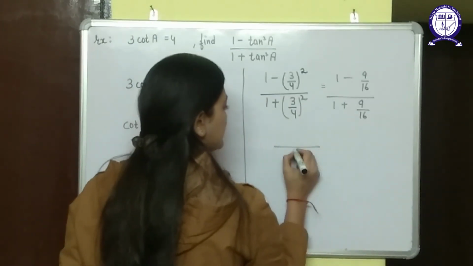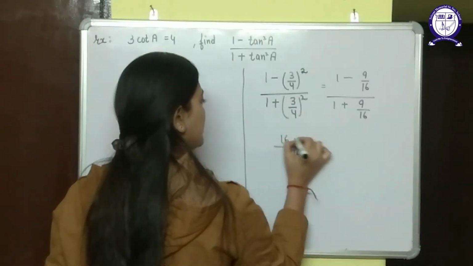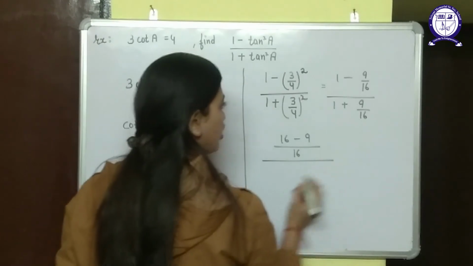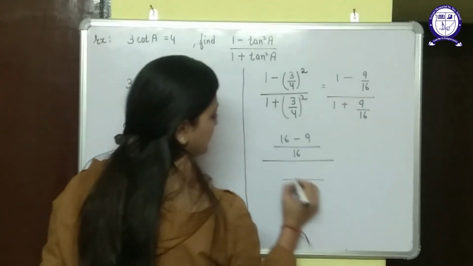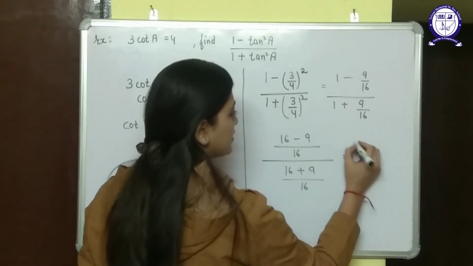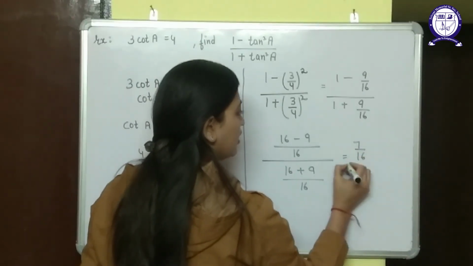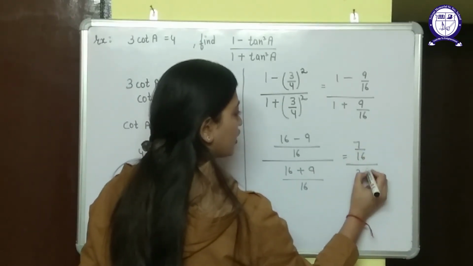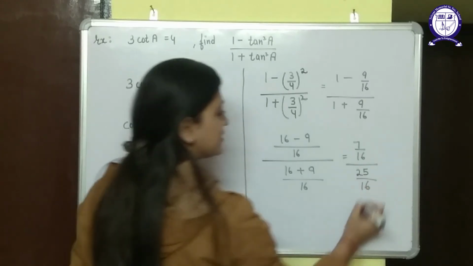So I can take the LCM. This is 16 minus 9. Again in the denominator I can take the LCM, 16 plus 9. So this is 7 upon 16 upon 25 upon 16.